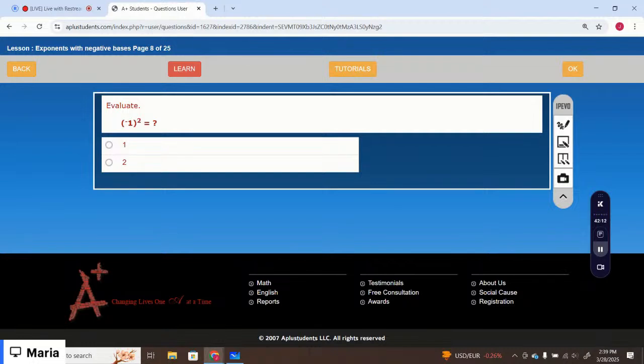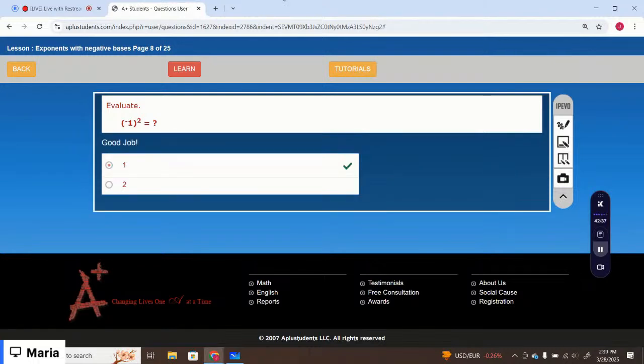Negative 1 squared. Negative 1 times negative 1 equals 1. Option number 1 is the correct option.